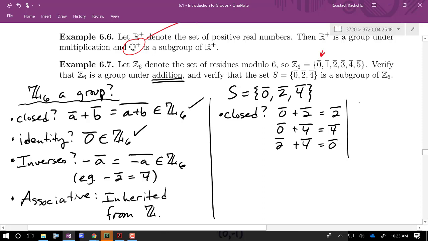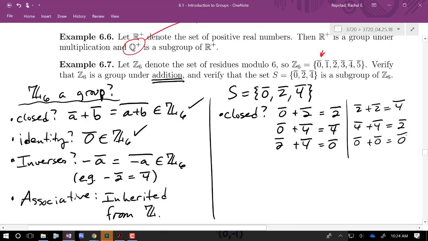And then let's see, what else do we need? 2 plus 2. That's 4. 4 plus 4 is 8. And what is that mod 6? 2. Yep, that's 2. And I guess we could check 0 plus 0. It's clearly going to be 0.